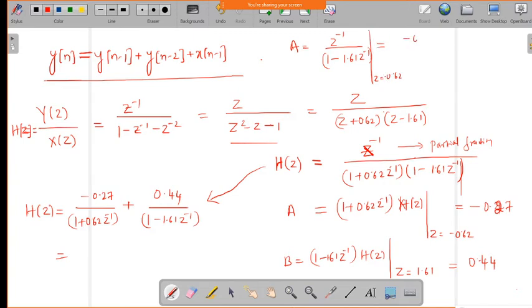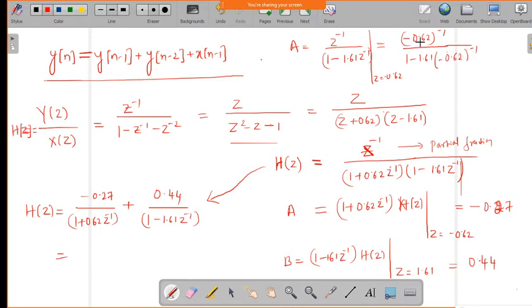If you put that, minus 0.62 inverse divided by 1 minus 1.61 into minus 0.62 inverse.